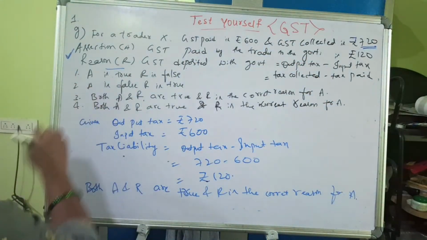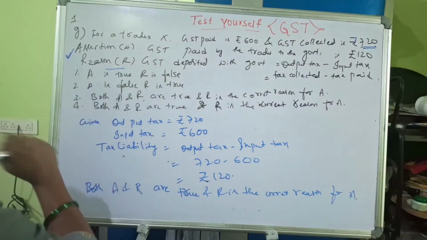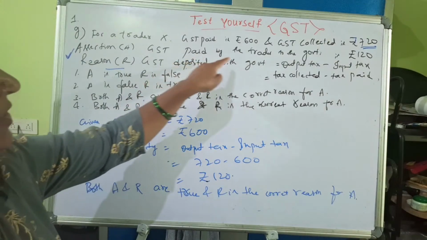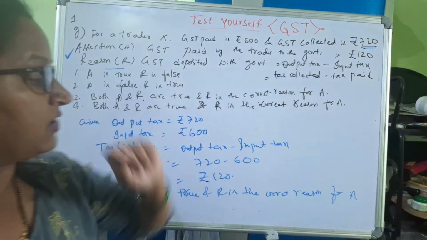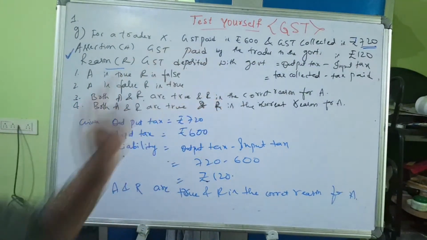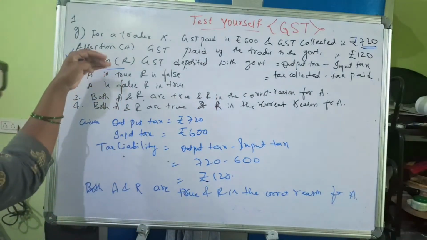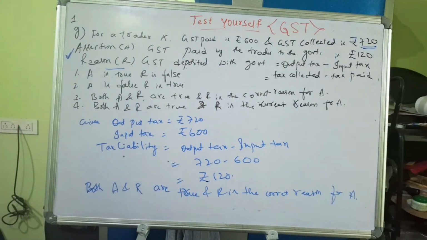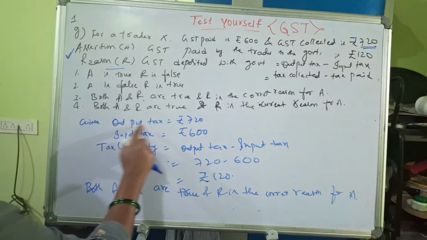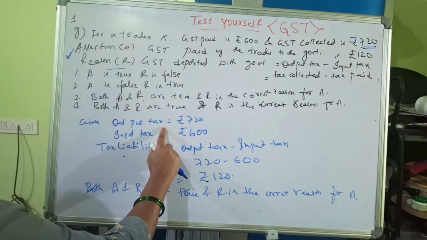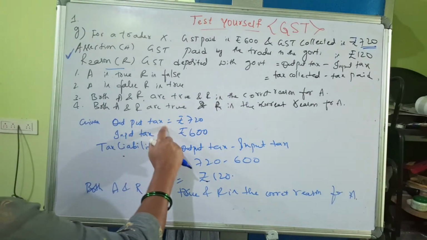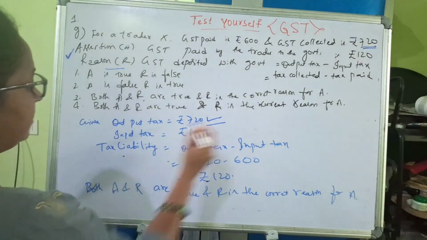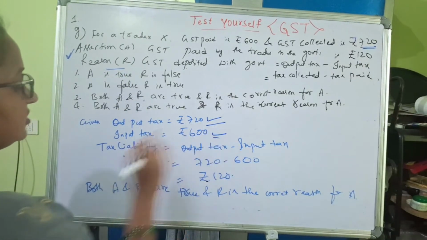The first option given is A is true, R is false. Here, GST paid by the trader to the government is rupees 120, which is true. Before going to the options, we need to analyze a few things. The output tax collected by the trader is rupees 720 and the input tax is rupees 600.